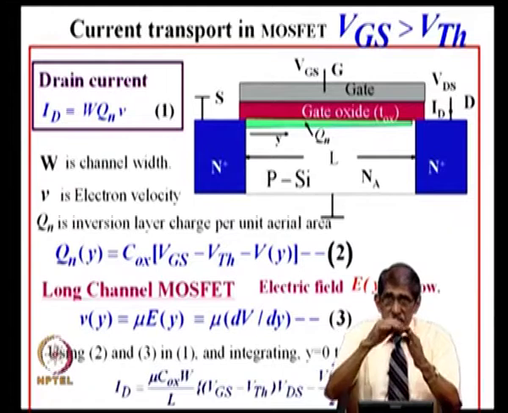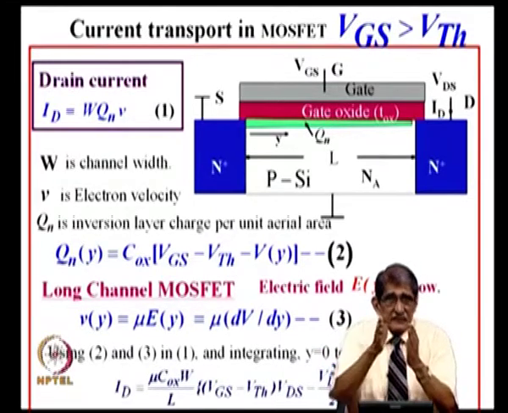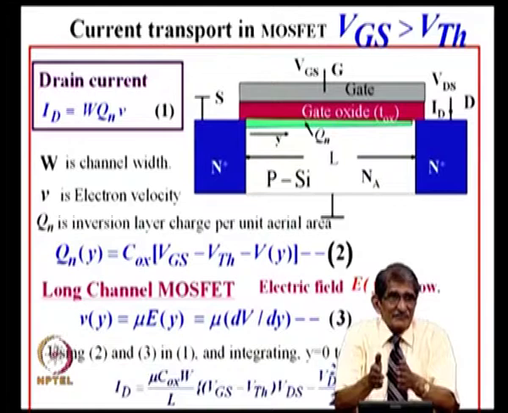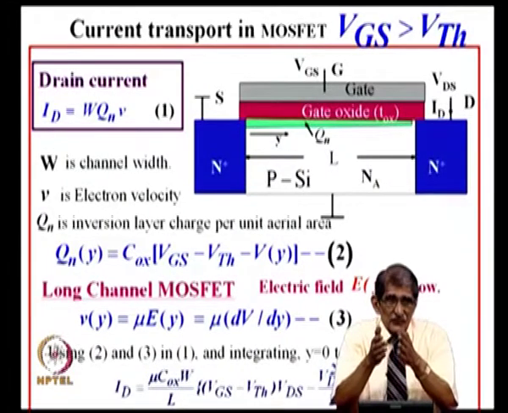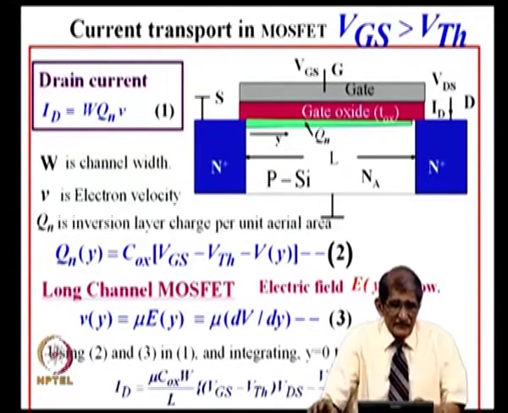Okay. Qn is per unit area, into W depth into d of y, that gives me the area. Now, I have W into Qn into dy by dt. What is that? So, Qn into W into dy by dt is that velocity.